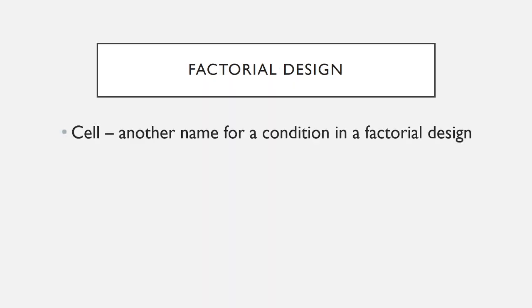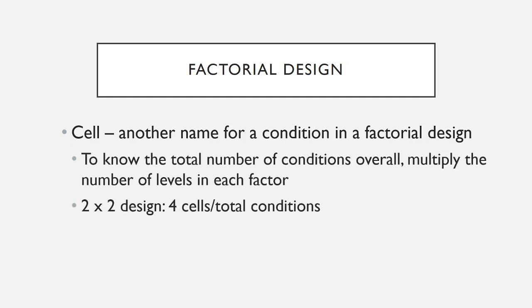So some more terminology to get through. Within our factorial design, we have a name for all of the combinations of conditions. We refer to all the combinations of conditions as a cell. So this is going to be a specific condition within your factorial design.